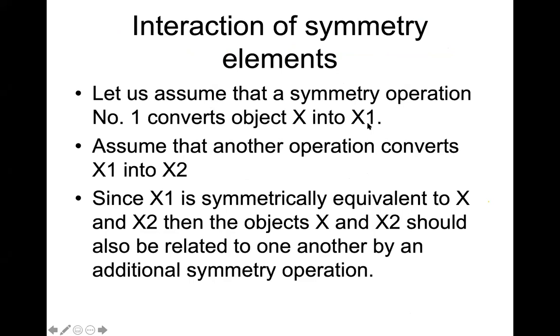Assume that another operation converts x1 into x2. Since x1 is symmetrically equivalent to x, and x2 to x1, the objects x and x2 should also be related to one another by an additional symmetry operation. I'm sure you would have studied this in mathematics. So you can see this kind of property of the symmetry elements.